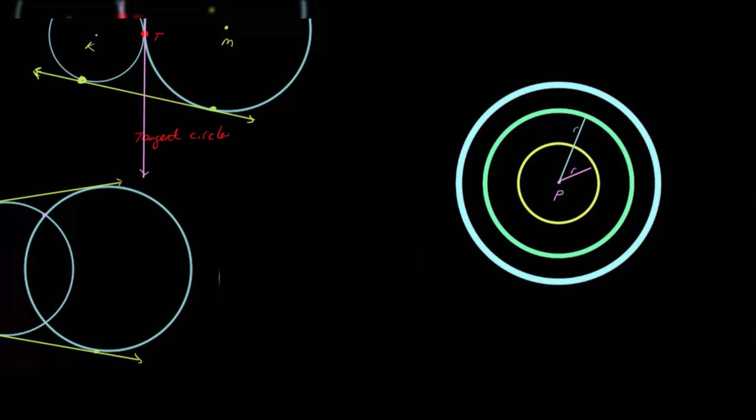And since they have the same center, they'll all start with the center P over here, and that's the radius of the 3rd circle over there. So these are called concentric circles. And I just labeled them radius 1, radius 2, radius 3. They have the same center, but of course they have different radii.